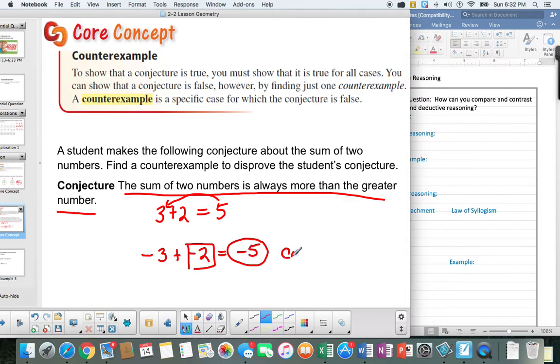This is a counterexample. It's showing an example that proves the statement is false. So here is a number that is not more than the greater number. Proving something that is true is not a counterexample. A counterexample is when you show that it is false.